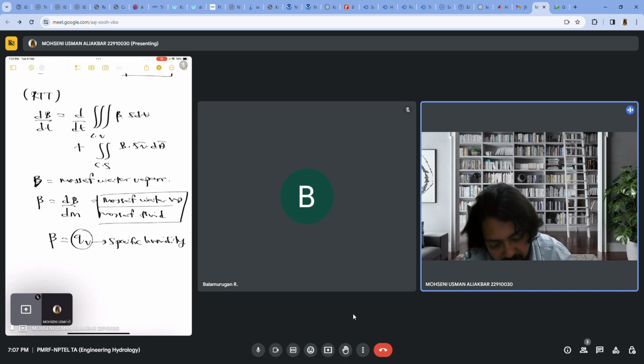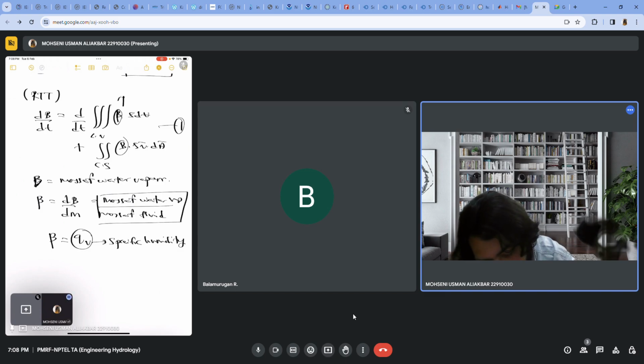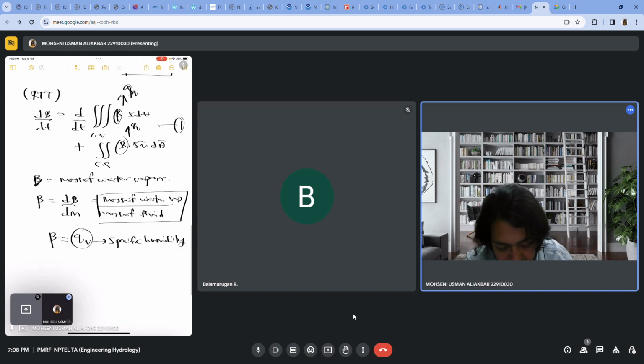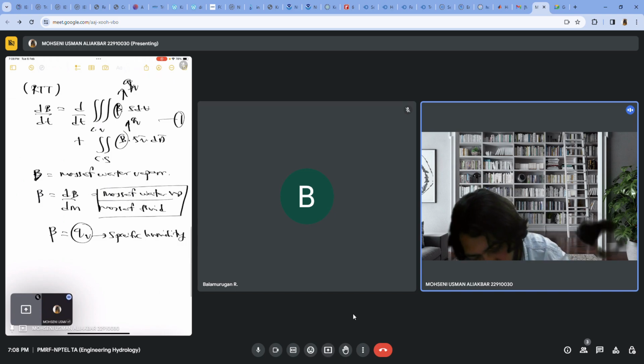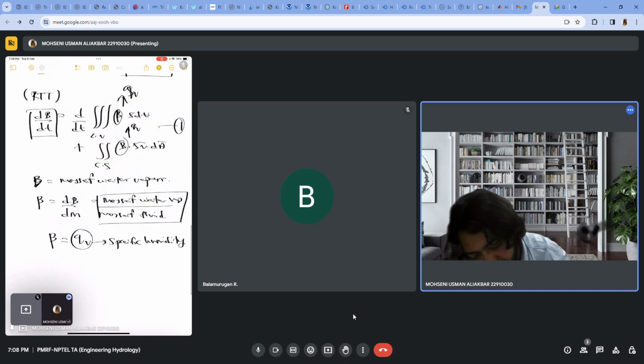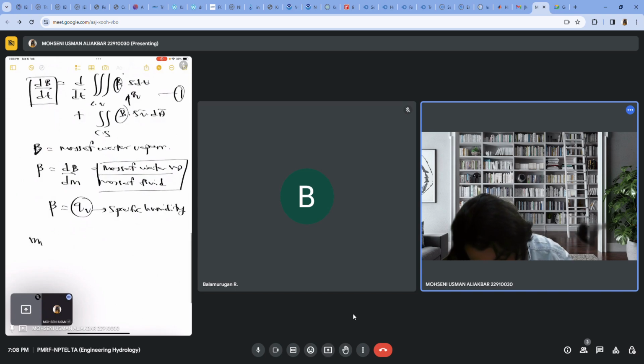So in the equation which we have already derived, equation 1 in the Reynolds transport theorem in the previous class, instead of beta we can write QV. Here also we can write QV. So this changes our equation. Also on the left hand side, dB by dt, we have to make the change. This dB by dt will become how much amount of water vapor is transferring.